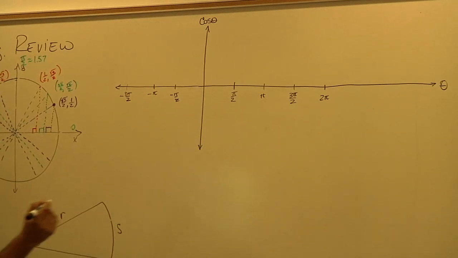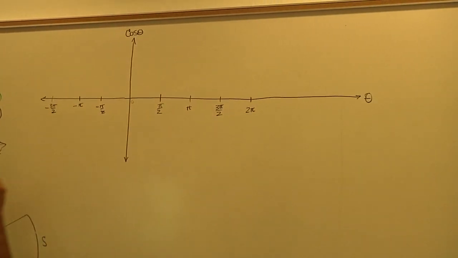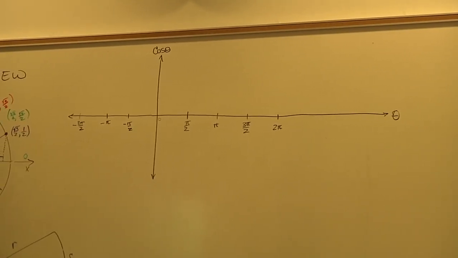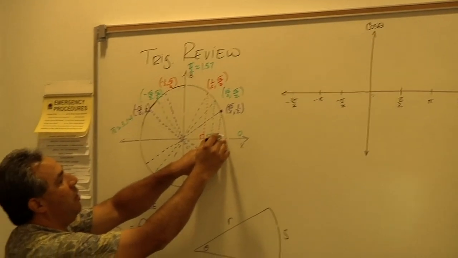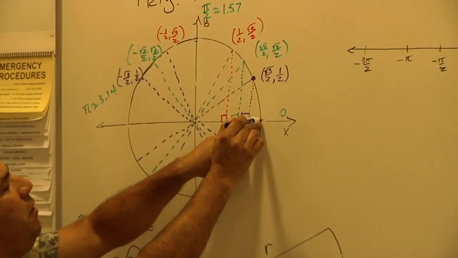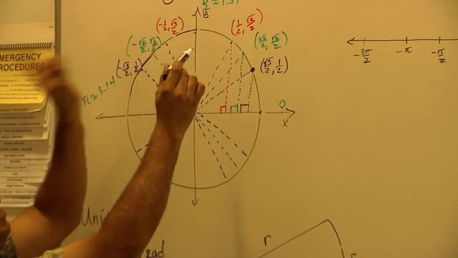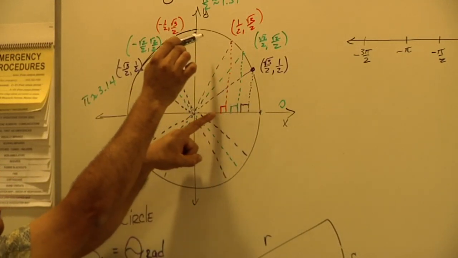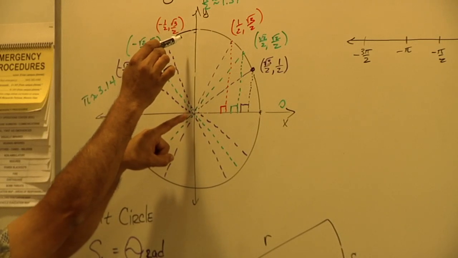Okay, let's start at 0. Cosine of 0, I'm right here. I'm tracking the x coordinates now, right? Cosine of 0, the x coordinate is what? 1. And as theta moves from 0 to pi over 2, here's the x coordinate. The x coordinate is moving from where? 1 to where? 0, right?